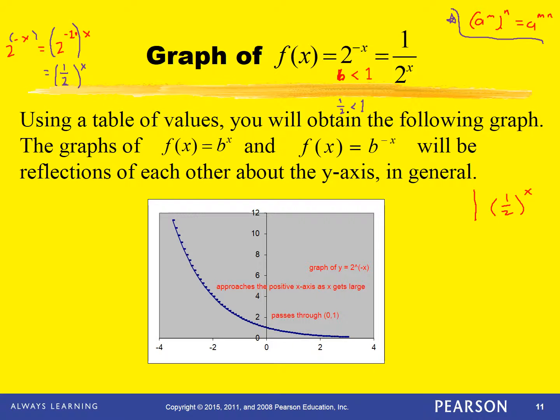Okay, so there it is. Okay, there's the graph. If you are graphing 1/2 to the x, which is a better way to think about this, 1/2 to the x, because that is what 1 over 2 to the x is.